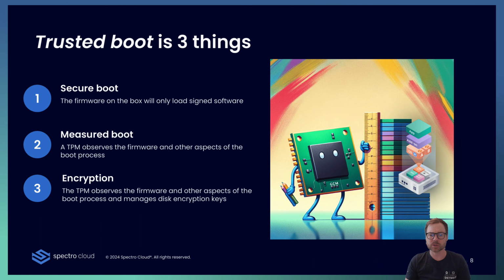Measured Boot is using a technology called TPM, or Trusted Platform Module, which is observing everything during the boot process and recording it securely into the TPM where it's impossible to tamper with it. And finally, it's encryption. Now, the encryption will only work providing that, one, the secure boot process went as planned, and two, that all of the measurements that were observed by the TPM are also met and that everything looks the way that it should.